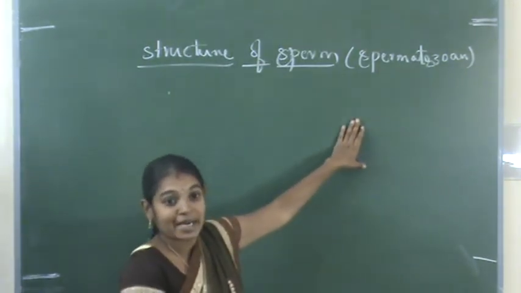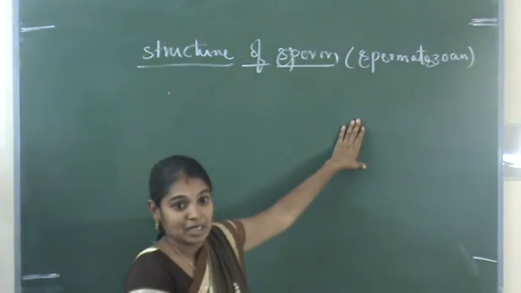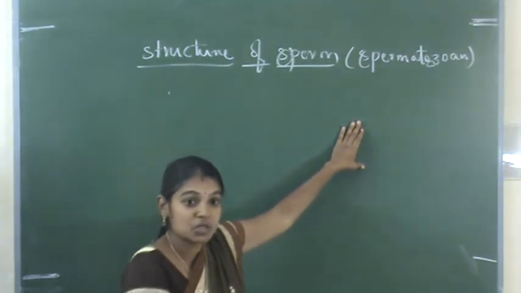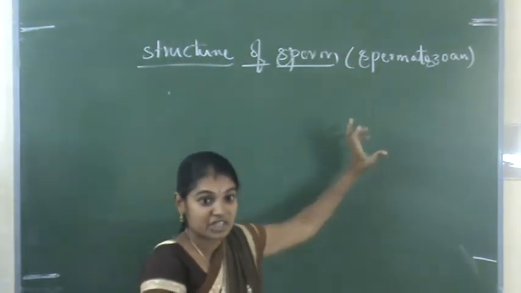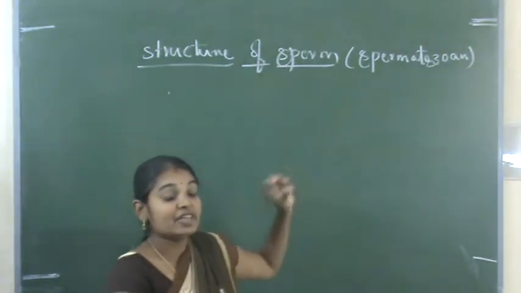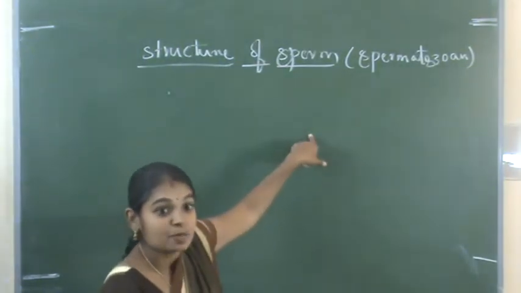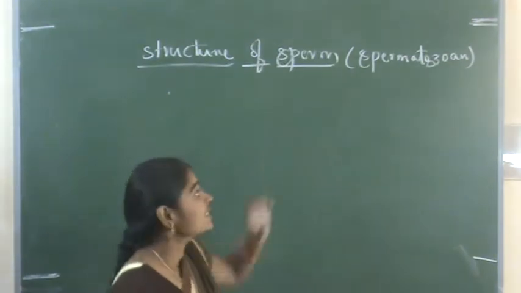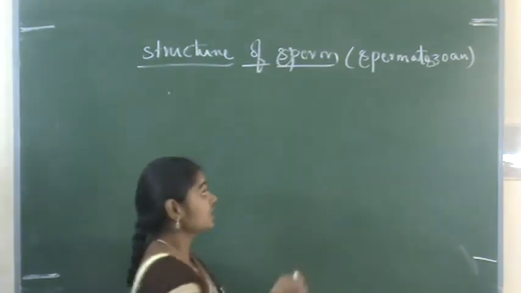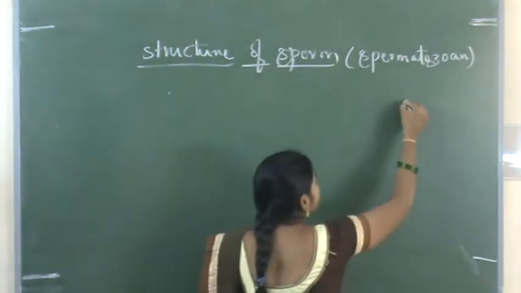So the main character of the sperm is that it is motile. Its motile nature is due to the acquiring of the structures that eventually occur in the sperm structure. So now we will see how this sperm structure is.